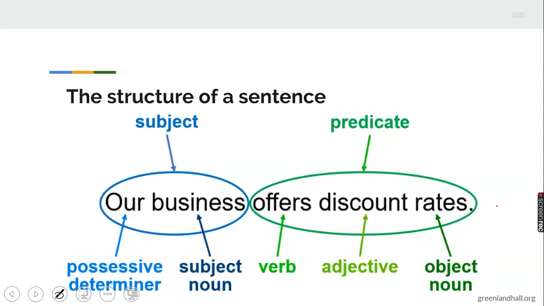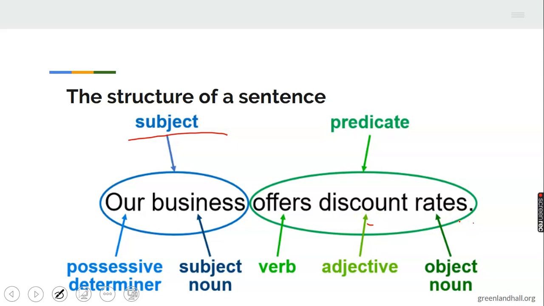The structure of a sentence, I've shown you part of it in the previous slide, subject and predicate, but I will now analyze subject and predicate very well for you. I told you that subjects talk about the noun. So look at the sentence we have here. Our business offers discount rates.